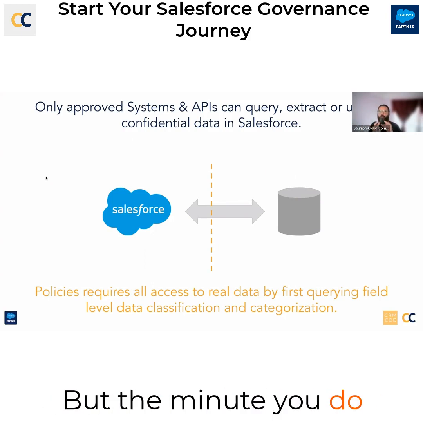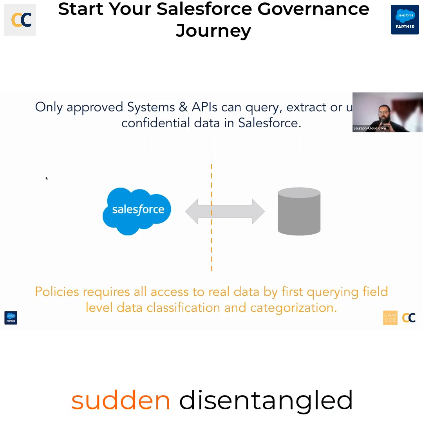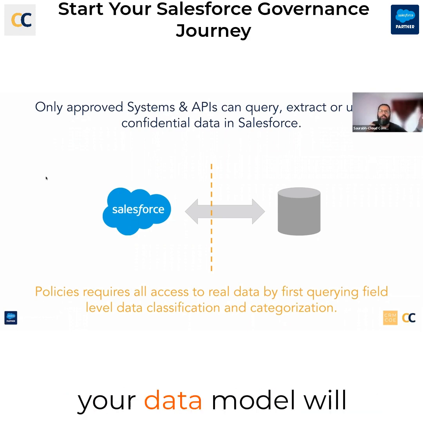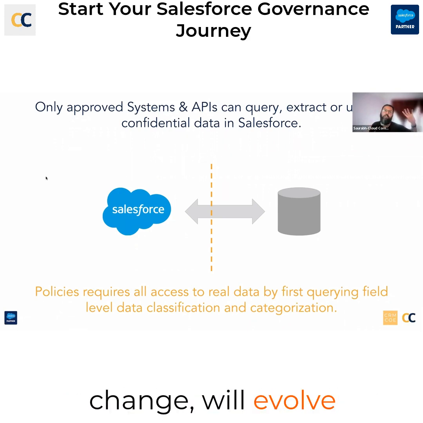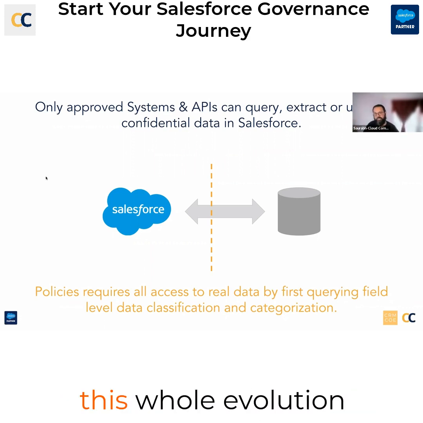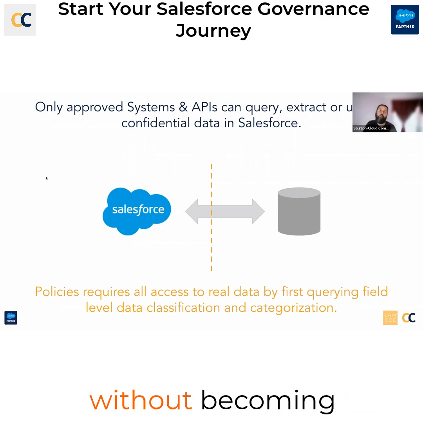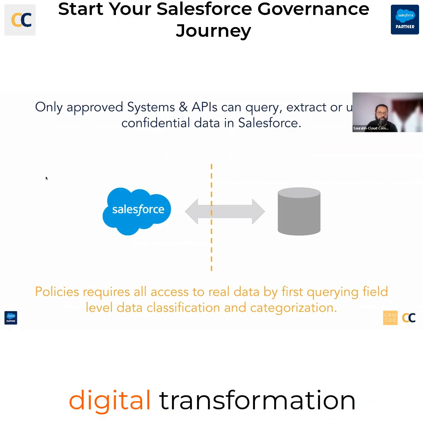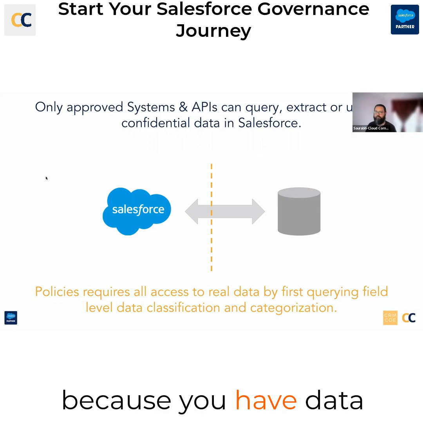But the minute you do that, you have all of a sudden disentangled your governance from your data model, because your data model will change, will evolve. Your governance policies can now participate in this whole evolution without becoming a roadblock to it, right? It's not slowing down your digital transformation because you have data classification.